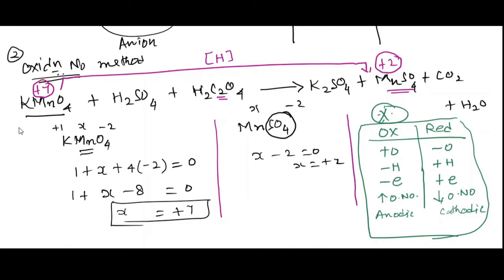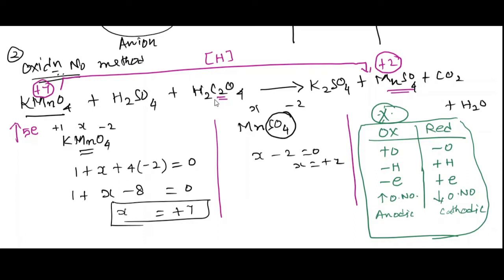So the addition of electrons can be represented by an upward arrow like this. Here +7 has become +2, so 5 electrons are added. e means -1, so +7 minus 5 is equal to +2. Do you understand this? Right.